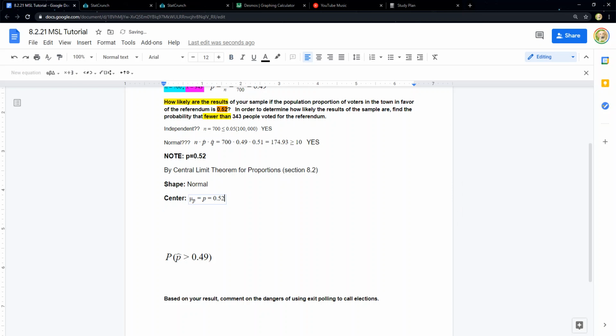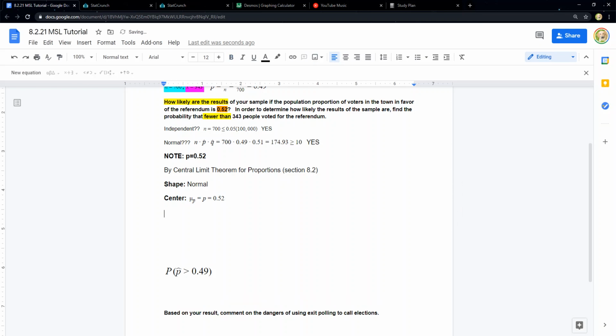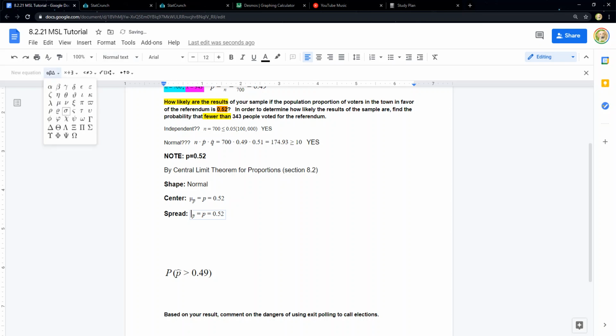And then the spread, that's the hard one, right? So that spread is the sigma of the p-hats, the standard error of the p-hats. There's a formula for it that we learn in section 8.2. So sigma of p-hats, also known as the standard error of the p-hats. You can write it that way as well.